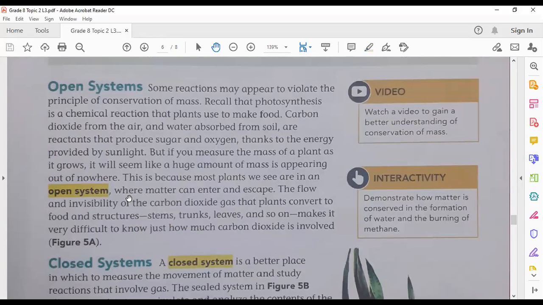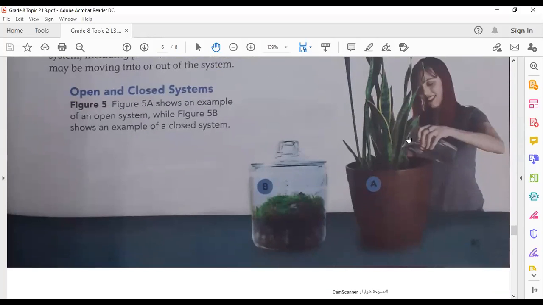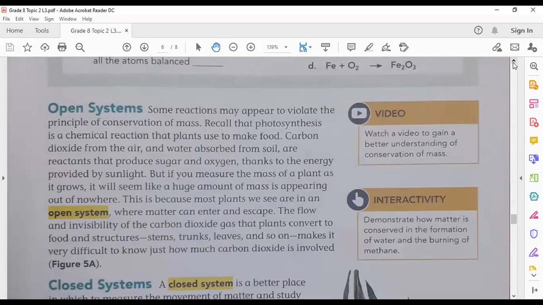Closed. Because if you study the law of conservation of mass in an open system, you may think that matter is not conserved because some matter like gases can escape. But if you want to make calculations, you must use a closed system because no gas can escape. This is simply the idea of this page.